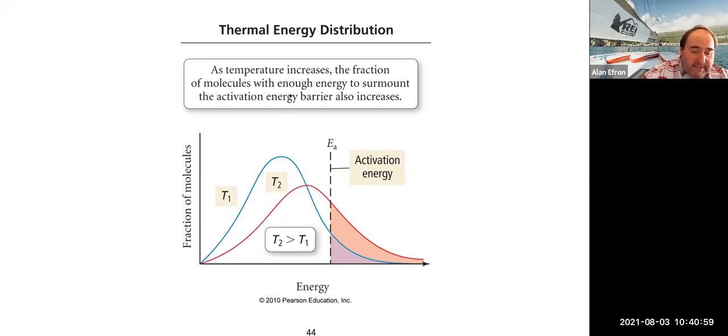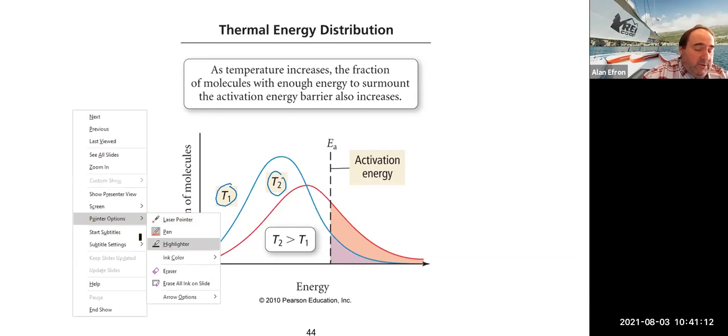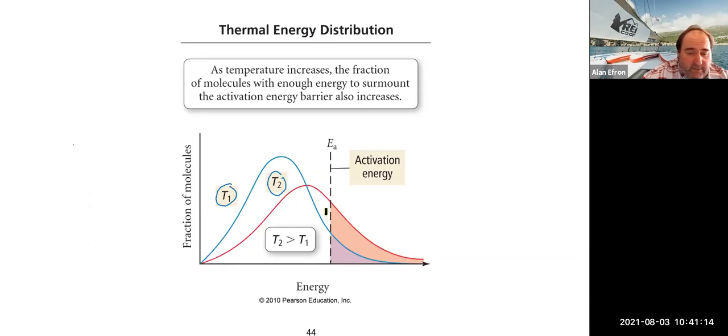As we can see in this graph here, the blue graph is temperature 1, the red graph line is temperature 2, and temperature 2 is at a higher temperature than temperature 1. The dotted line represents the activation energy.